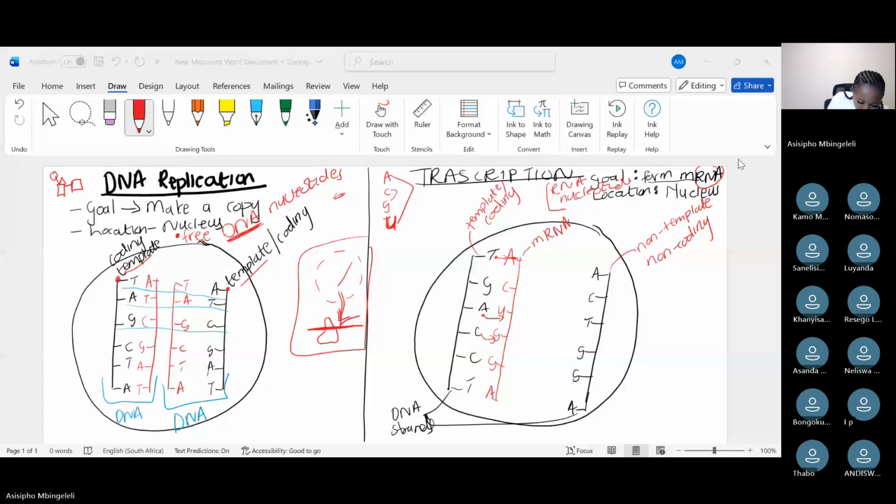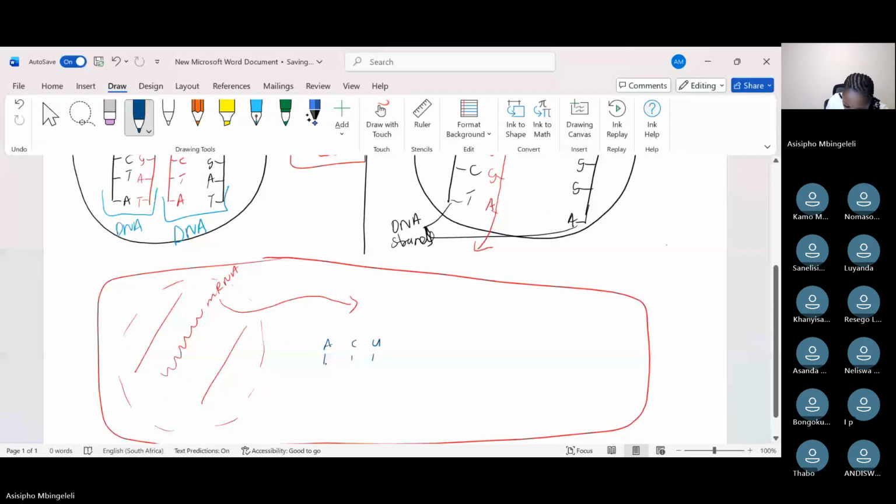So I think we're having G, U. All right. GGA. Just going up and down is killing me. There you go, GGA. And this is our messenger RNA. This messenger RNA is now attached to this organelle in the cytoplasm, which we call the ribosome.